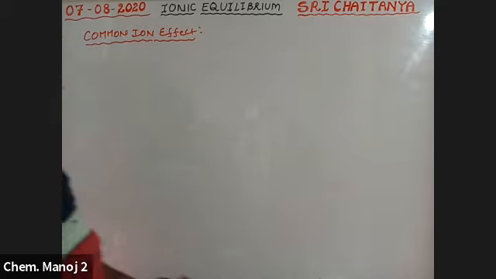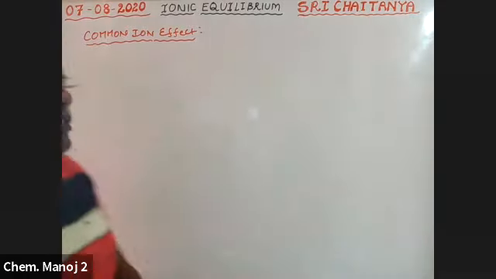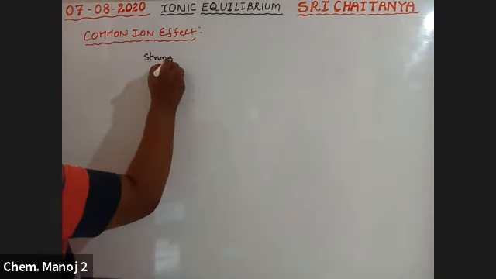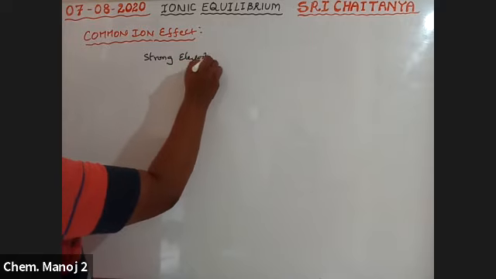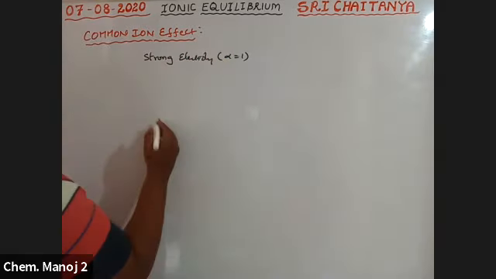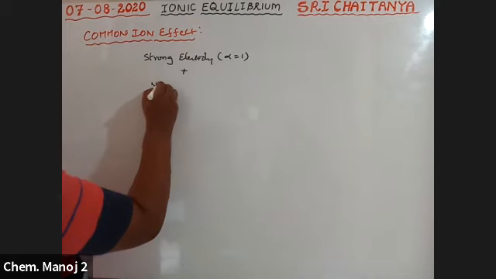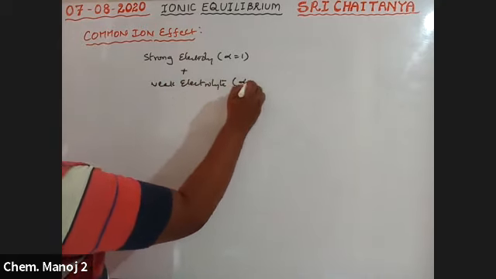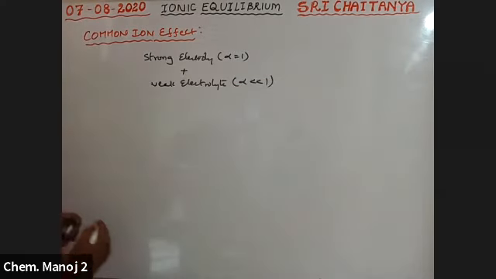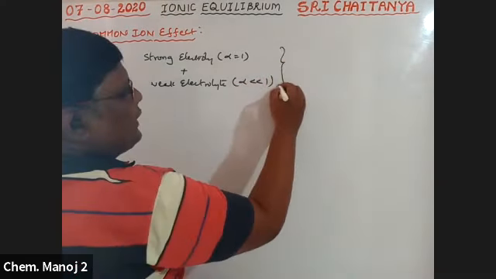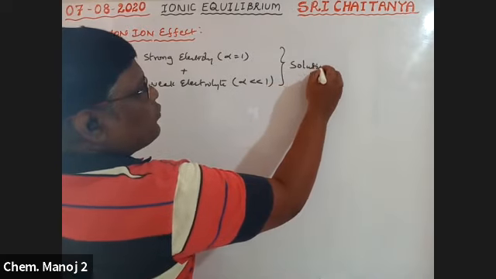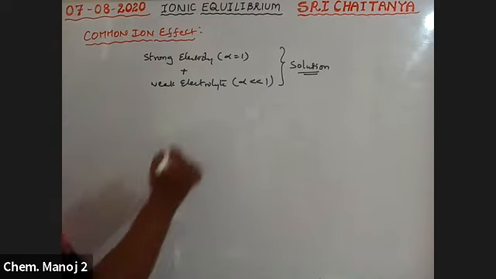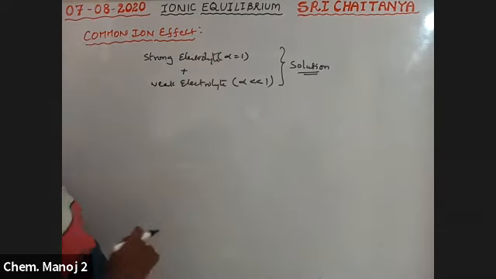So let us consider a solution that is a strong electrolyte whose alpha is equal to 1, in combination with a weak electrolyte whose alpha is less than 1. So a solution is prepared by taking a strong electrolyte in combination with a weak electrolyte.